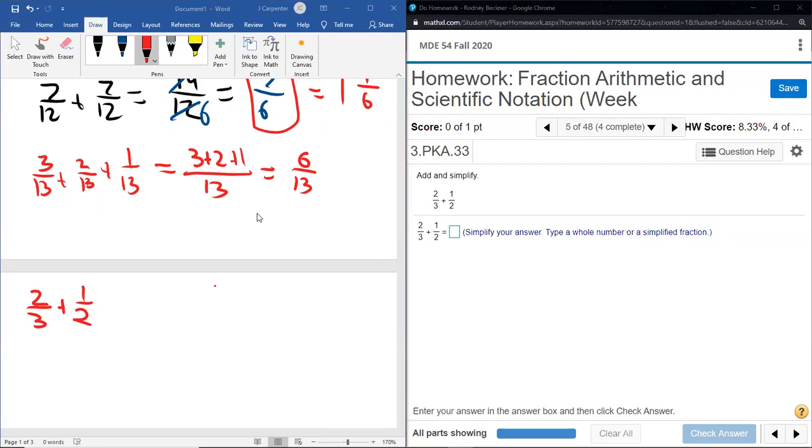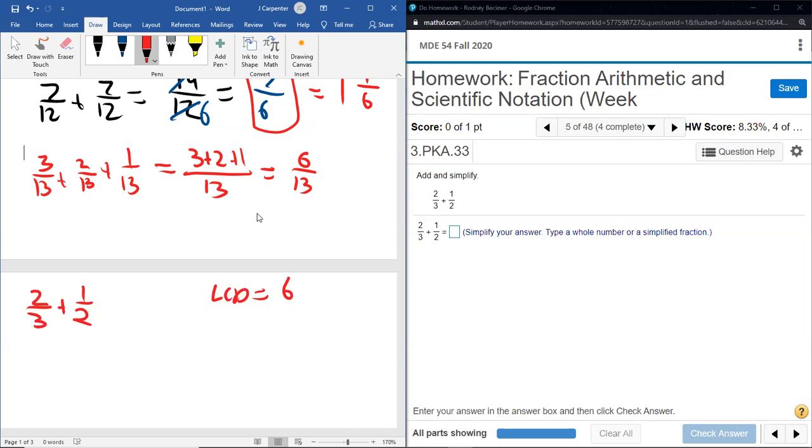So let's find our LCD. If you do the multiples, 3, 6, 9, 12, 2, 4, 6, 8, 10, 12, you might say, oh, 12 is the LCD. 12 is a common denominator, but the first match was actually 6. 3, 6, 2, 4, 6.